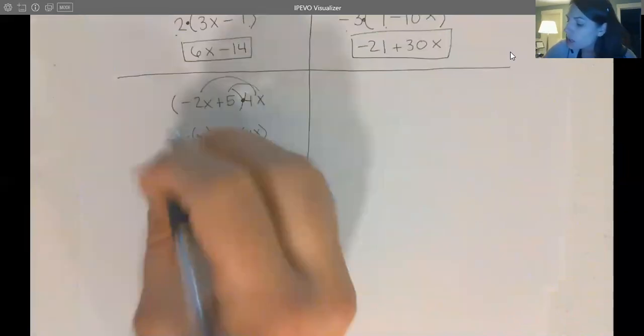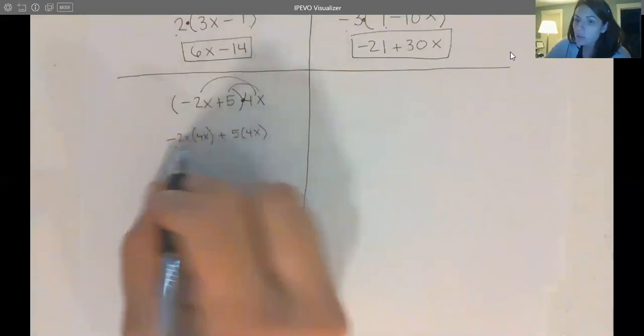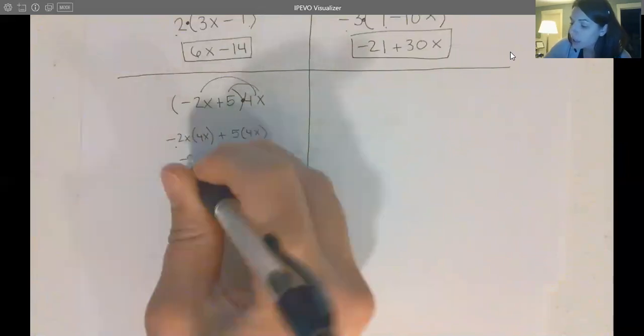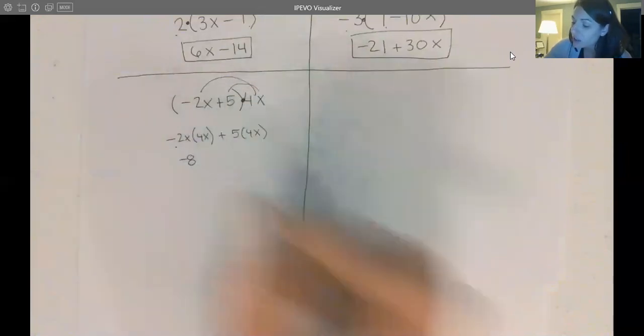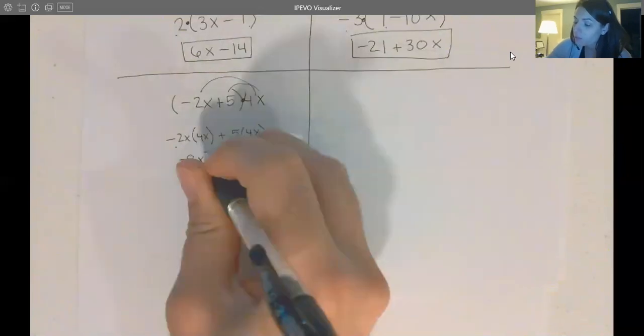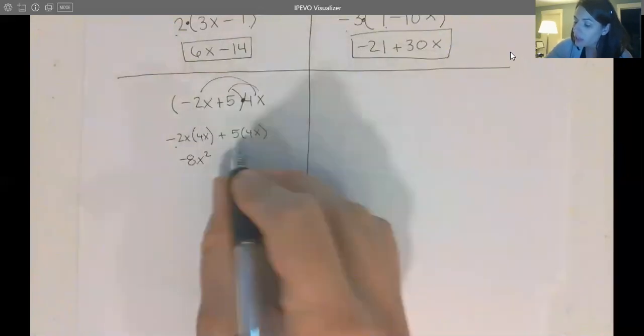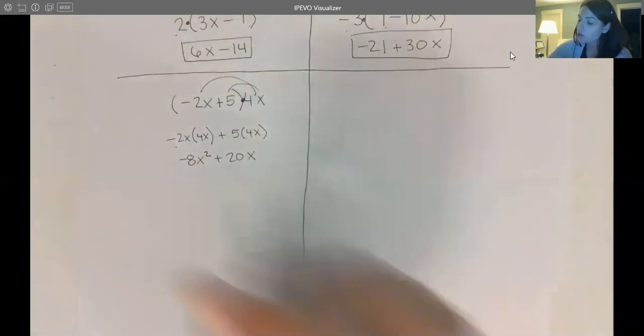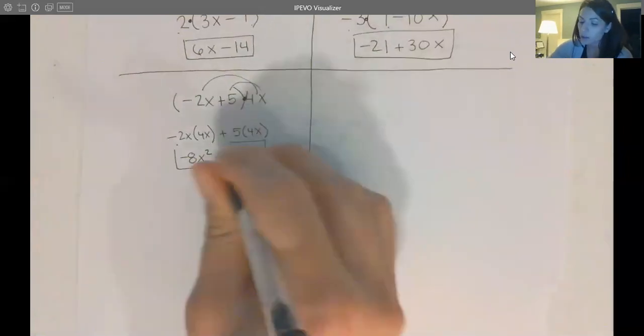So when I multiply negative 2x times 4x, I have negative 2 times 4, negative 8, and I have x times x, or x squared. And 5 times 4x is going to give me 20x. Okay, distributing through that variable term.